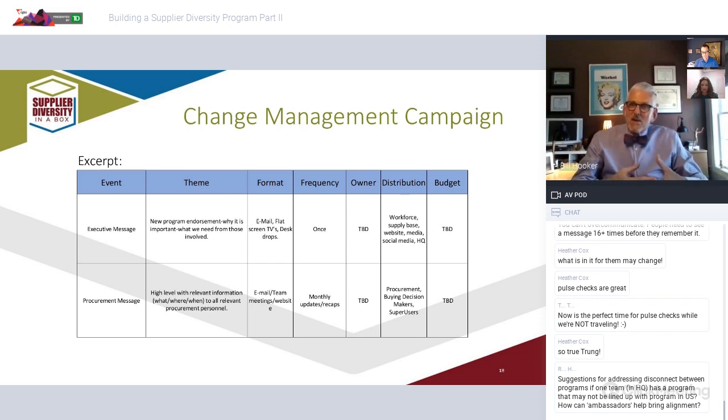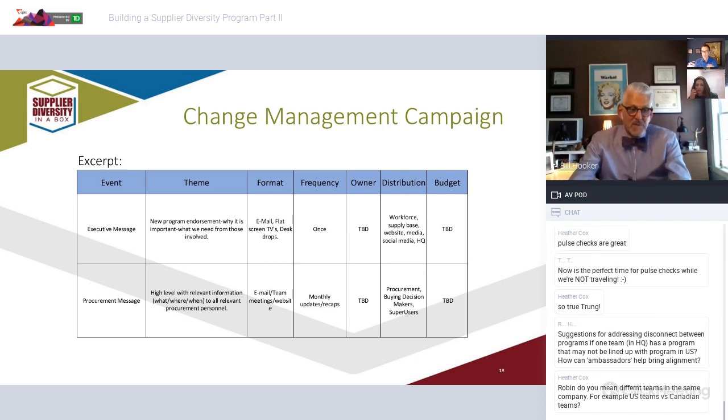Anything that goes into the cost, you want to make sure you budget for it. Depending on whether you're on a fiscal or a calendar year, you may be getting to that point in time now where you will be asked to put together a budget. Budgets are not difficult, especially for supplier diversity programs, but they're important to have because most companies don't put a line item there for supplier diversity unless they have an existing program.